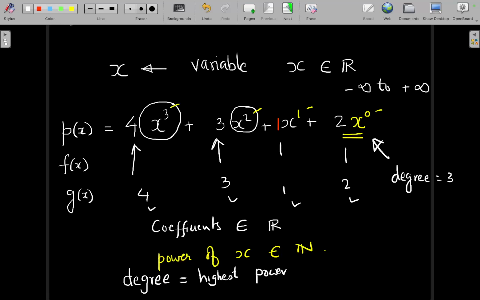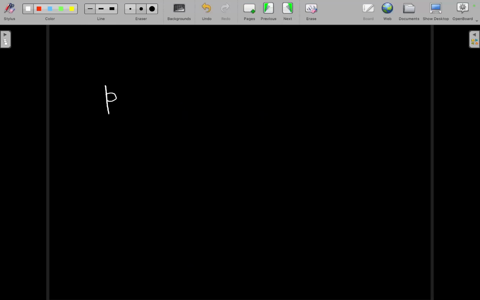So let's continue. We have a polynomial, and now I think we should be comfortable with this. I'll just take a simple example, 4x square plus x plus 2. Now I can put the value of x as anything.